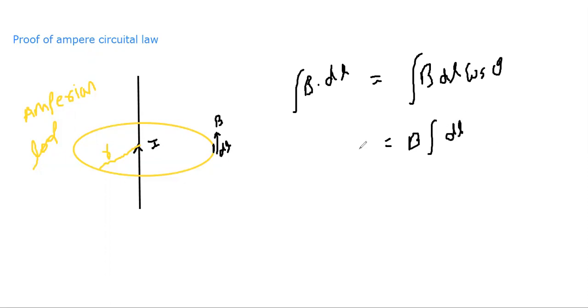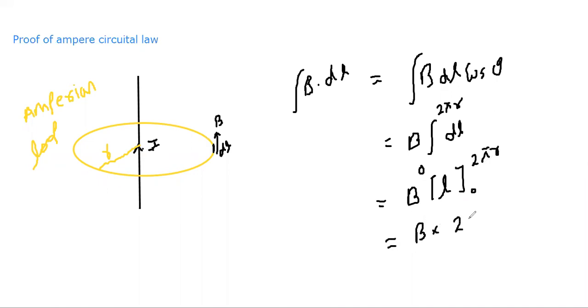Now length would vary from minimum to maximum. Minimum length can be 0 and maximum length of this dl can be the whole loop, that is 2 pi r, the circumference. So this would be B into l from 0 to 2 pi r, so this would be B into 2 pi r. Now if you have seen the last video of the infinite conductor, what was the magnetic field at this point?